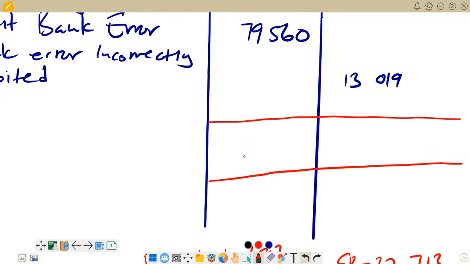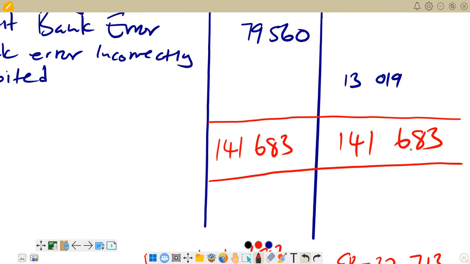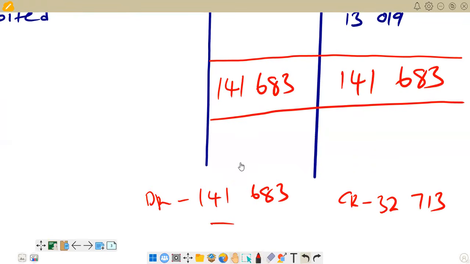So this total for the debit, the greater total, will come in between the double lines, which is 141,683. The same thing happens here. We put on both sides the bigger total, and then we find the difference between the two totals. That's the next step when you're trying to balance this account.